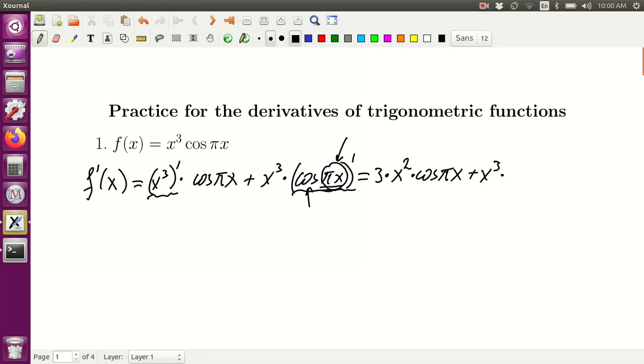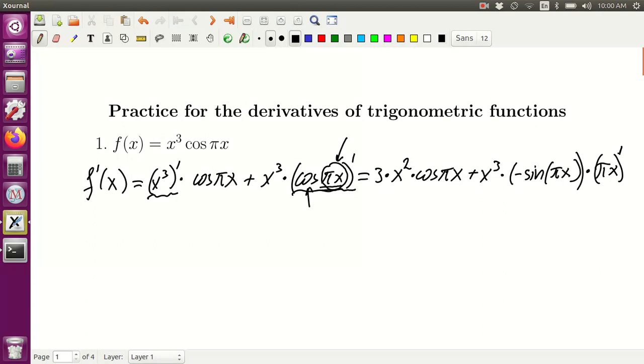The chain rule says take the derivative of the outside function first. So we'll have the derivative of cosine, which is negative sine of the inside function, which is pi x. Then the chain rule says multiply by the derivative of the inside function, which is the derivative of pi x.